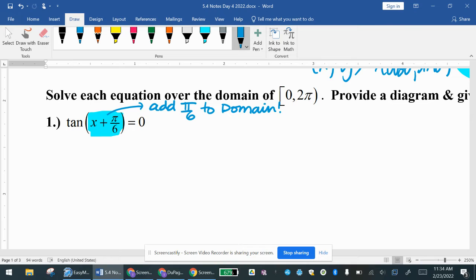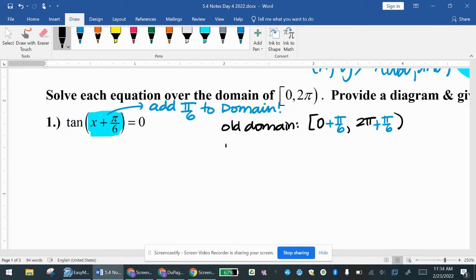Okay, so I'm going to write down the old domain of 0 to 2 pi. I'm going to leave some space here. I need to make adjustments by adding pi over 6 to both parts of the domain.